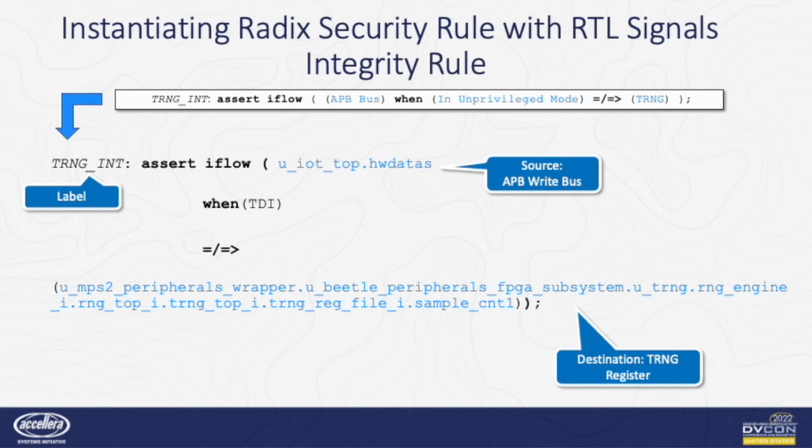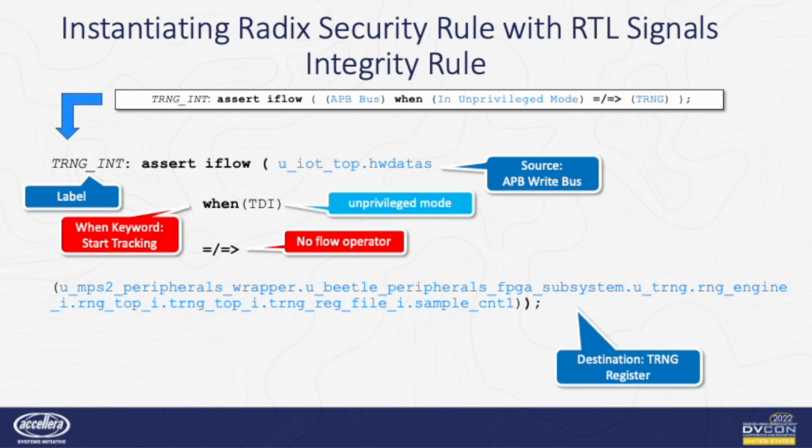Note once again that the destination and the source have now been switched as opposed to the confidentiality rule. We want this write request to not influence the sample count register. The no-flow operator says that, and we want to start tracking this information when we are in unprivileged mode.